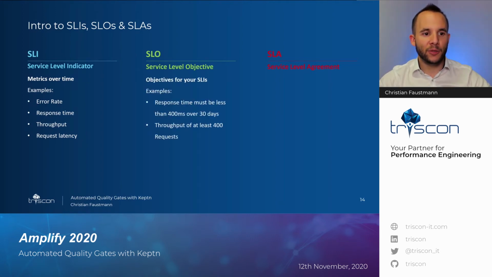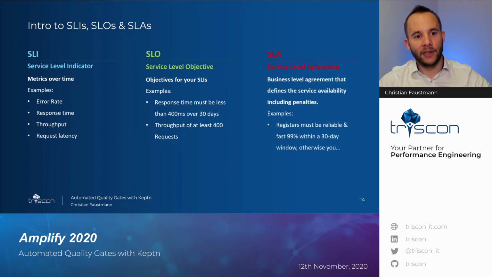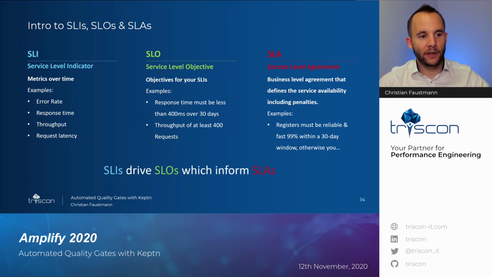And the service level objectives is only boundaries to those SLIs. And SLAs are penalties when those SLOs are not met. So as a short reminder, you can think of SLIs will drive those SLOs, and those SLOs will inform the SLAs.